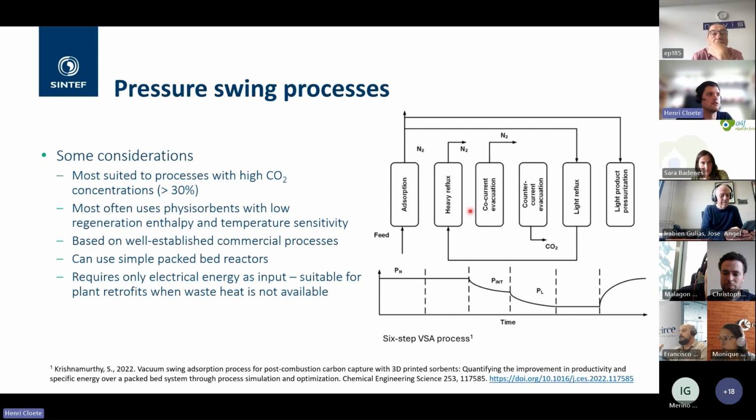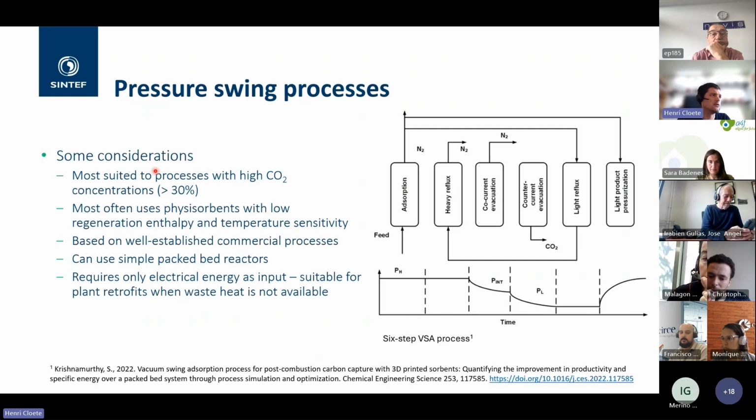But then to be able to get higher purities and recovery rates of your CO2, it's quite common to use a 6-stage process where you add stages where you use some of your nitrogen coming out to push out the CO2, and then use the CO2 to fill up the reactor with CO2 before you start drawing the vacuum. So that's a way to get a higher purity from this process, but obviously it adds some further complexity.